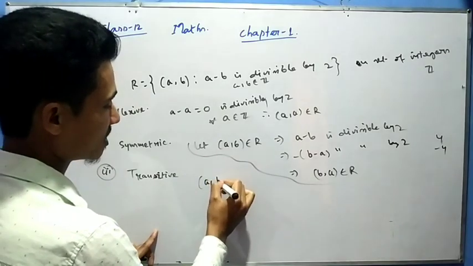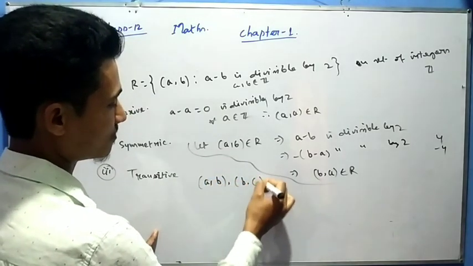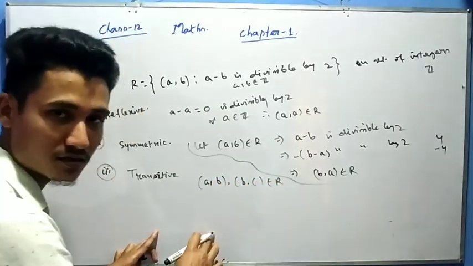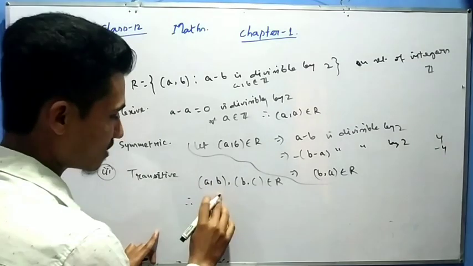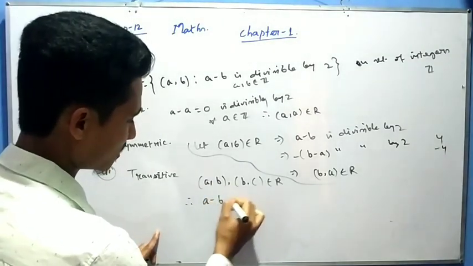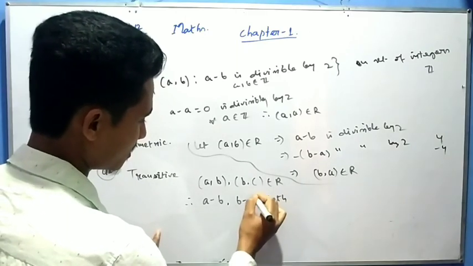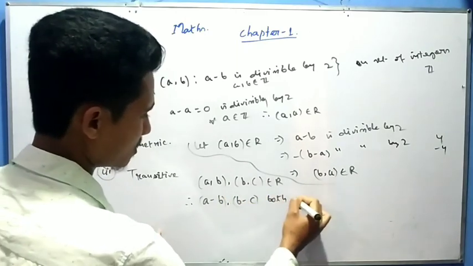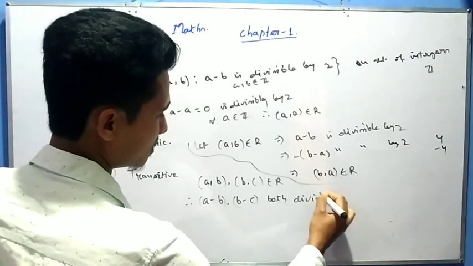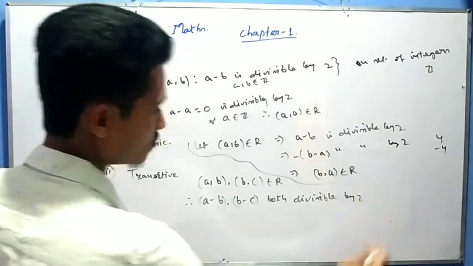Now next is the transitive relation. For a transitive relation we have to take A comma B and B comma C belongs to R. Therefore if A comma B and B comma C belong to R, then we can say A minus B and B minus C are both divisible by 2.